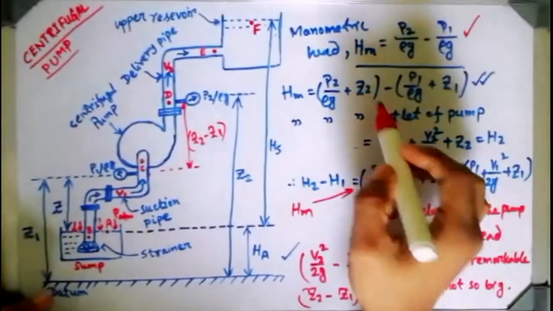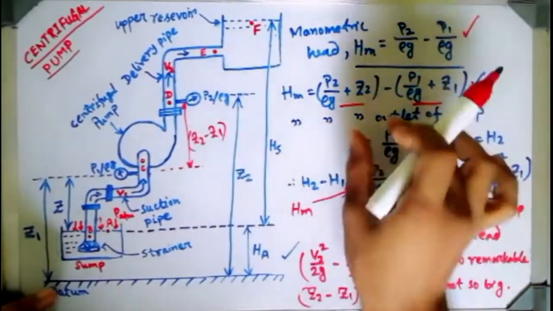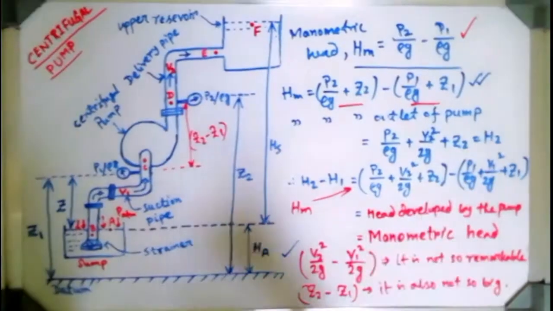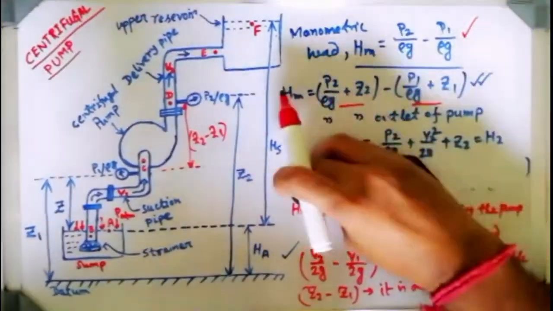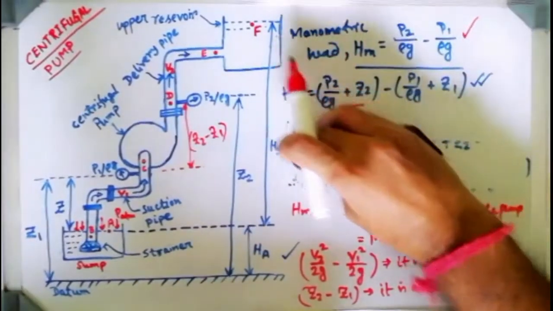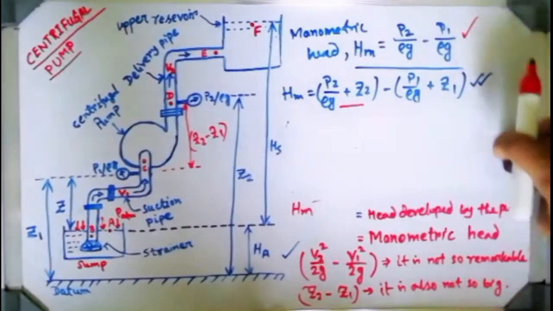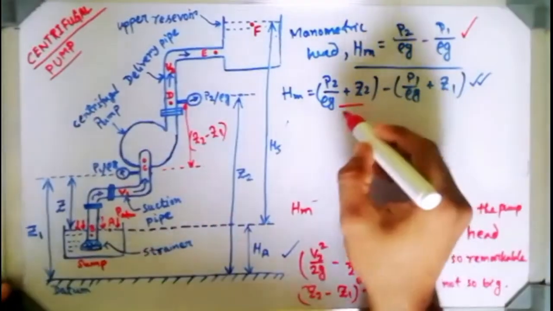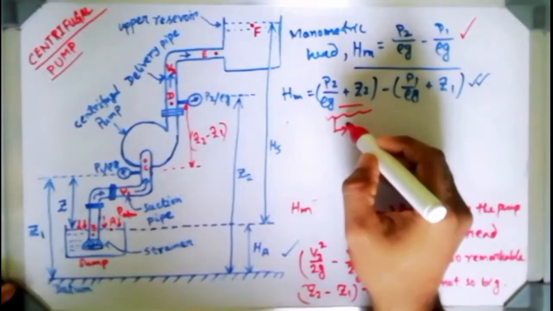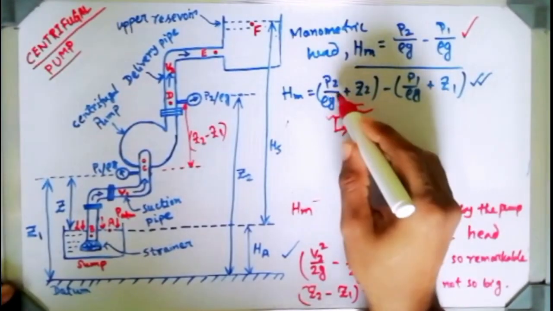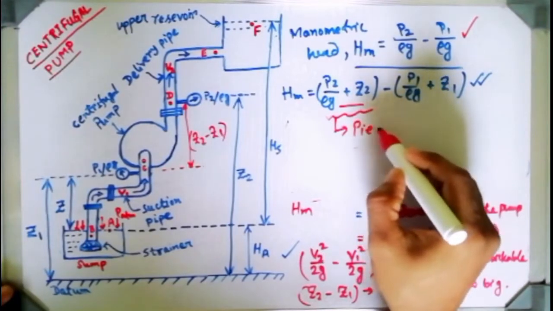Understood? Actually, if we use this expression, it is known as the difference of piezometric head. What is piezometric head? Piezometric head is nothing but the summation of pressure head plus elevation head. They will come in advanced fluid mechanics, if we select that subject. This sum of pressure head and elevation head is known as piezometric head.